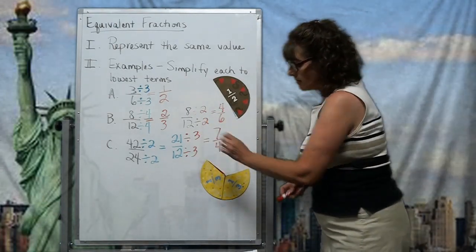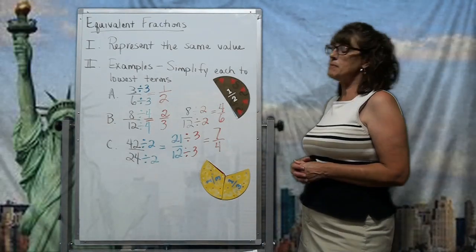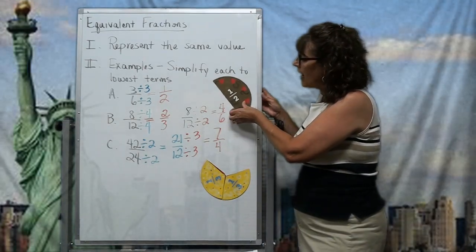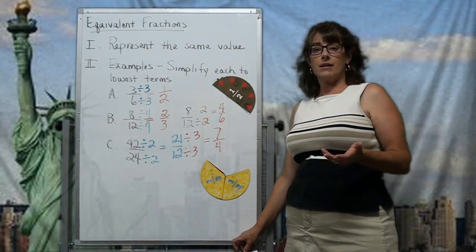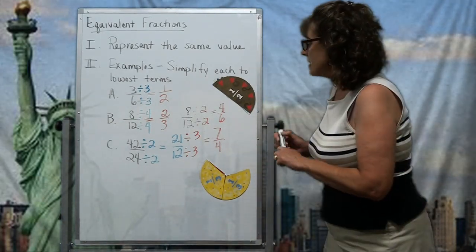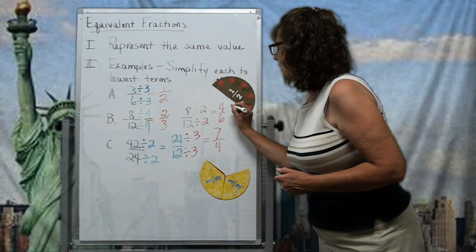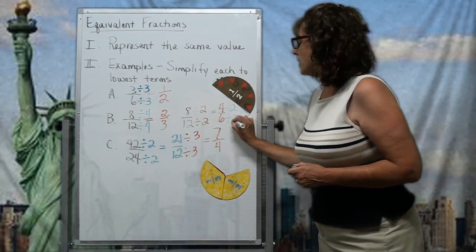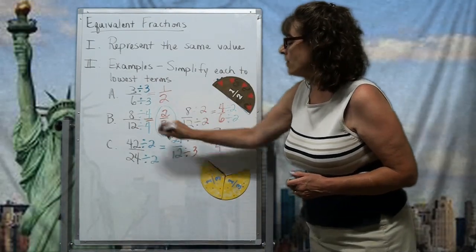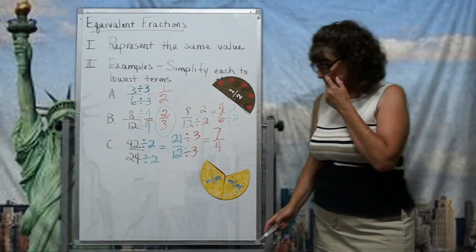But remember down here, I said, I'm going to keep saying, is there more that I can divide? In other words, is there a number that will go into 4 and 6? Why, yes, there is. I can divide my 4 and my 6 by 2 again. 4 divided by 2 is 2. 6 divided by 2 is 3. That gets me right back there to that 2/3.